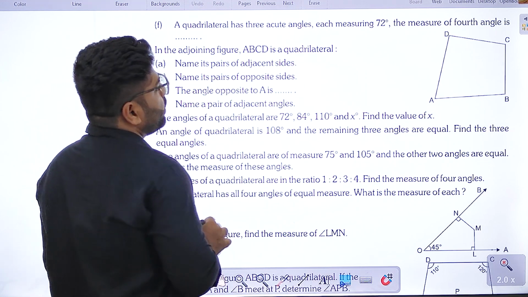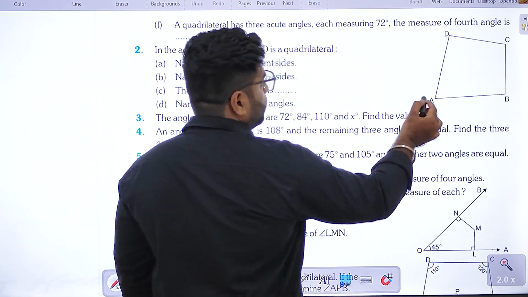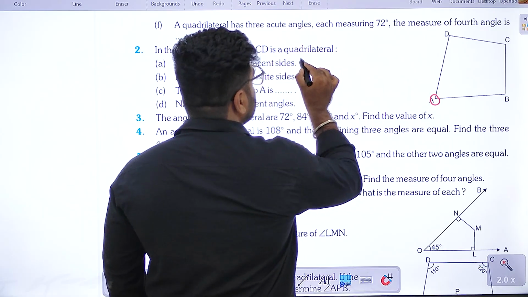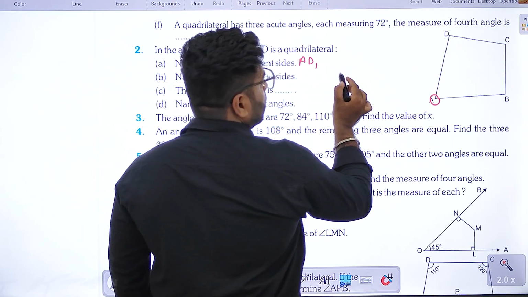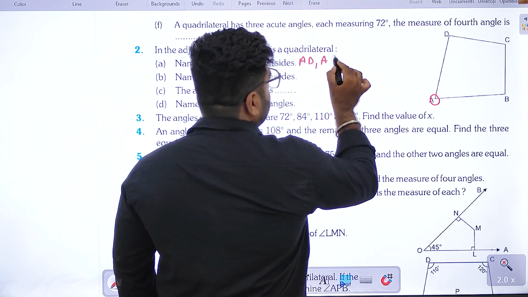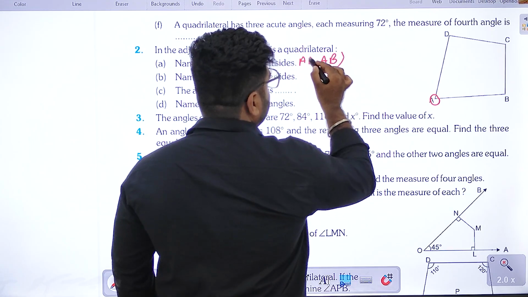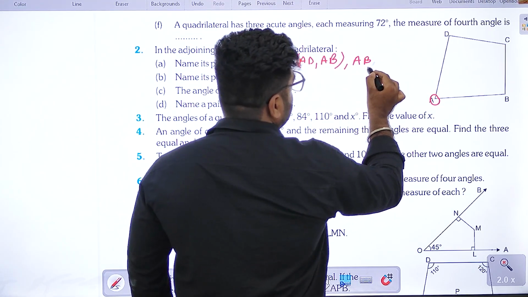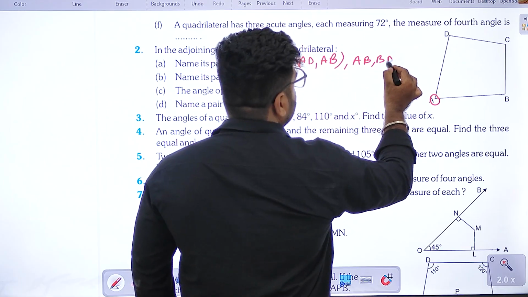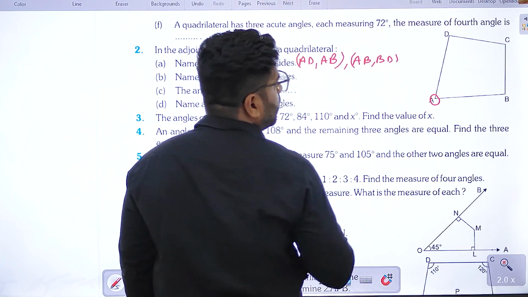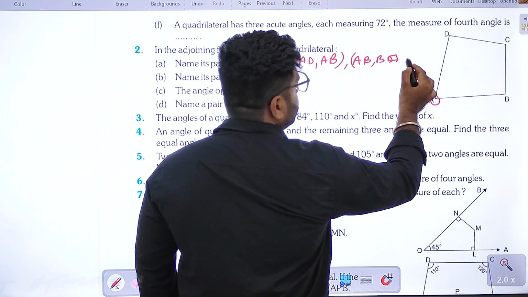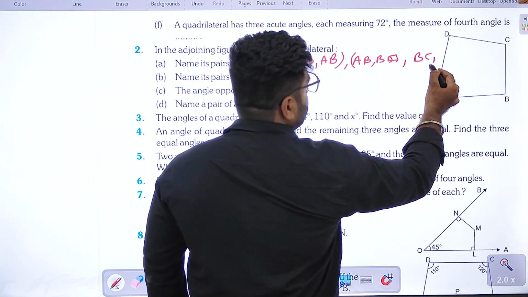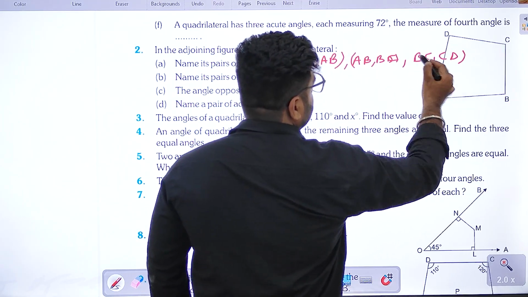Here we have: name the pairs of adjacent sides. In adjacent sides, we have a common endpoint, just like this, AD and AB. Then AB and BC. Then BC and CD.